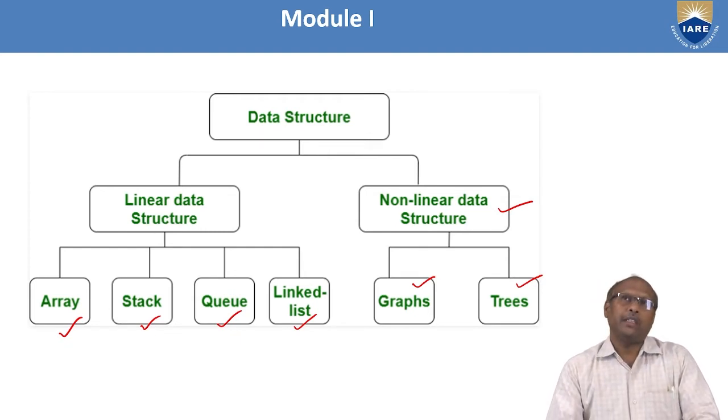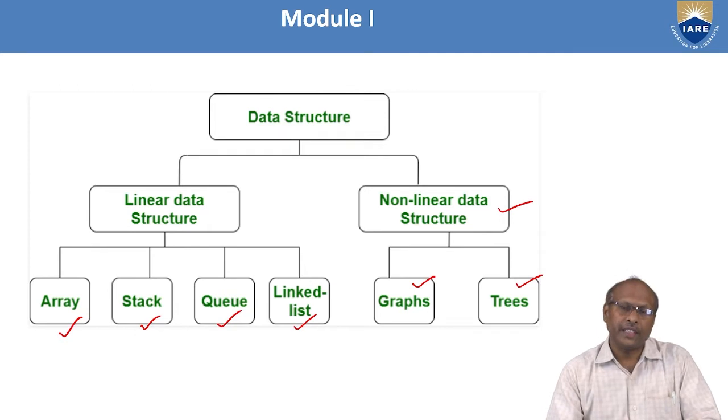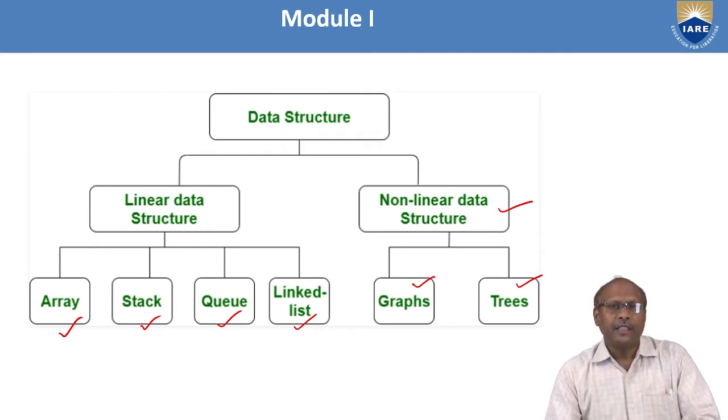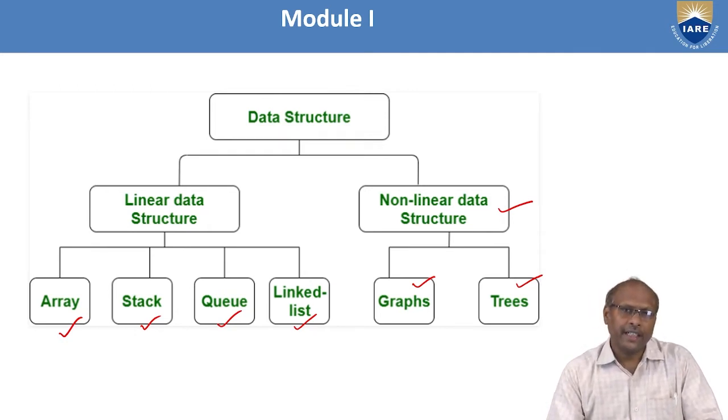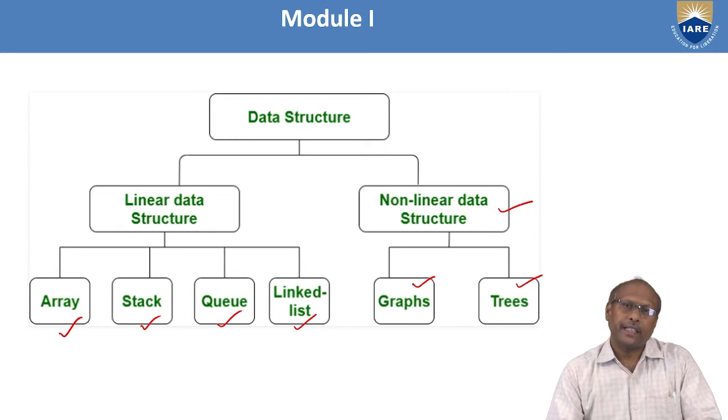Most of the time in exams, they'll ask what is linear data structure or what is non-linear data structure. Then you should say linear data structure organizes the data in a sequential manner, whereas in a non-linear data structure, the data is organized in a hierarchical order.